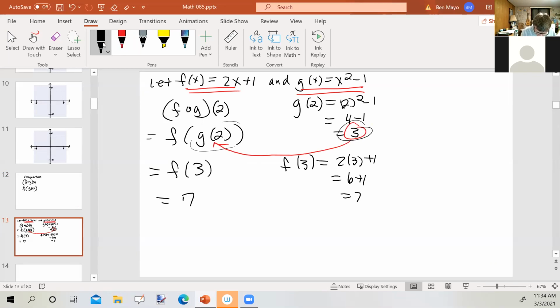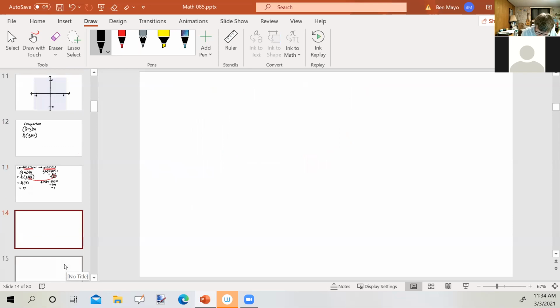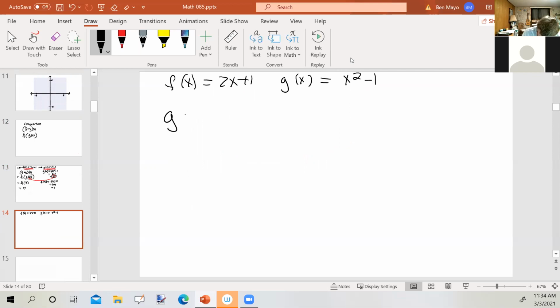Okay. We're going to take a look at another example. We're still going to let F of X equal 2x plus 1 and G of X still equal x squared minus 1. Now we're going to find G composed with F of negative 3. So notice it's G composed with F as opposed to F composed with G, like the last one.